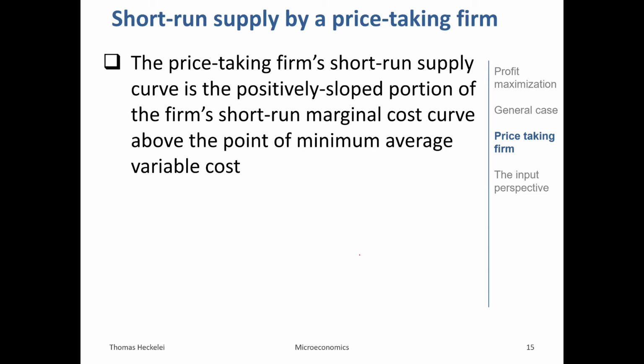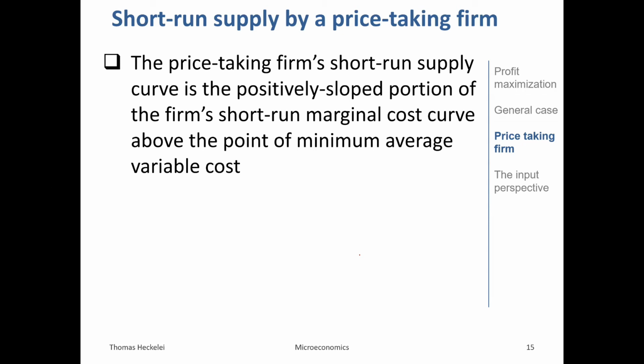However, remember that the market price in this case must equal the marginal cost. So instead of using the price, we could use the marginal cost, connecting all the points with each level of output, and that is the short-run supply curve of the firm.